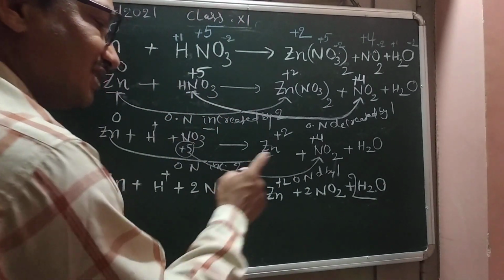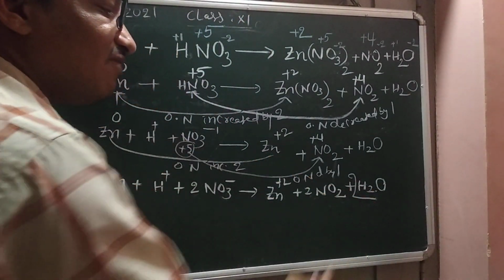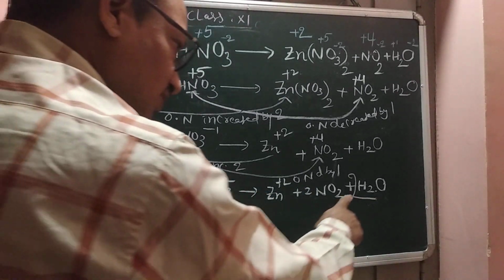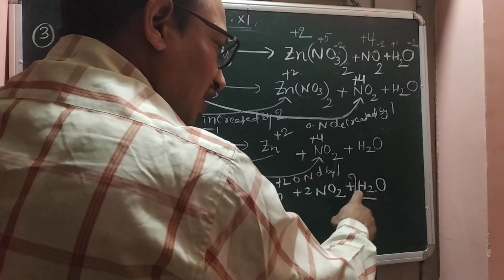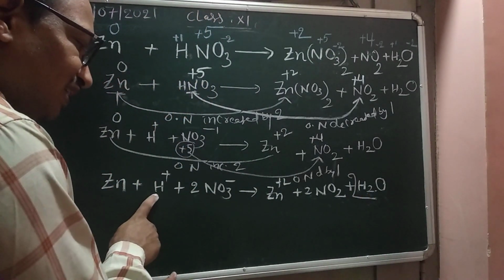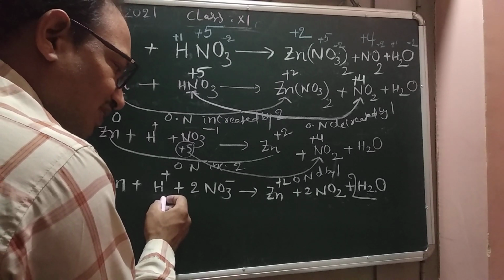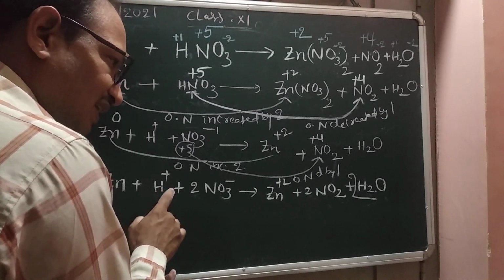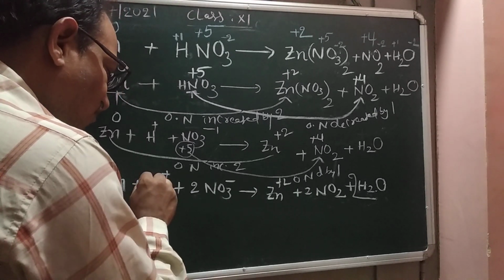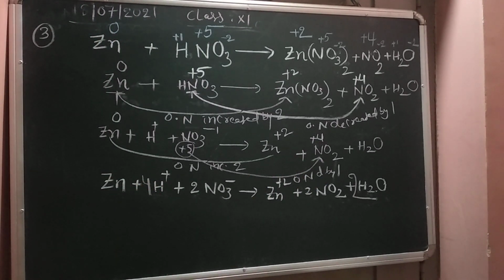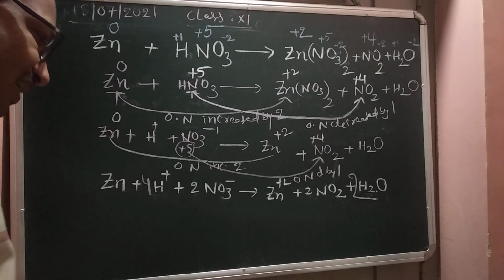Then on this side there are 4 hydrogens, and on the other side only 1 H+. So how many hydrogens do I have to add? 3 hydrogens, 3 H+. Already 1 H+ is there, so if I add 3 H+, total 4 H+. Now see, the equation is balanced. We'll write the final equation.